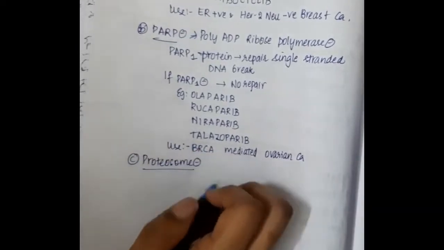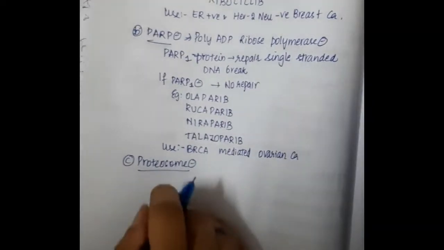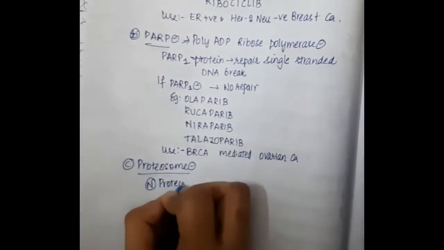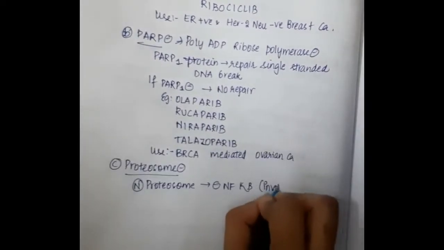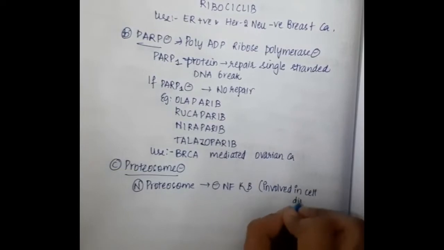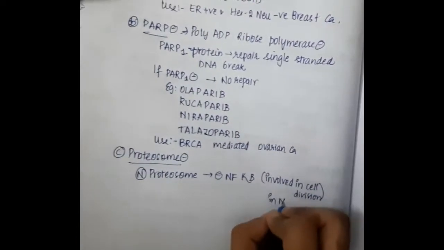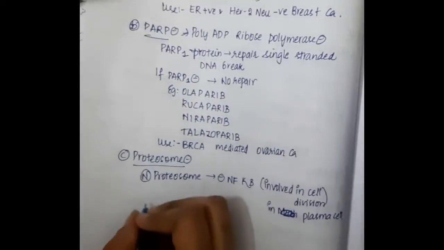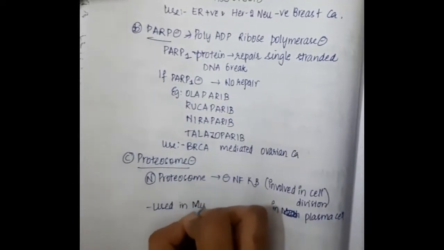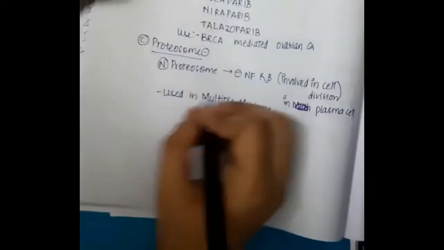Then we have proteasome inhibitors. Normally these proteasome inhibitors inhibit NF-kappa B, which is involved in cell division in the plasma cell. This proteasome inhibitor is used in multiple myeloma as the drug of choice.